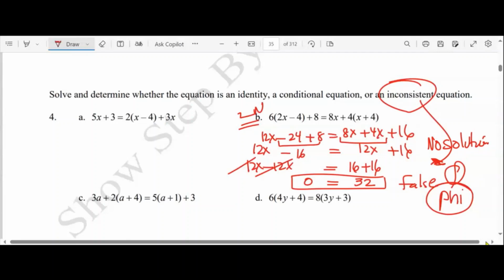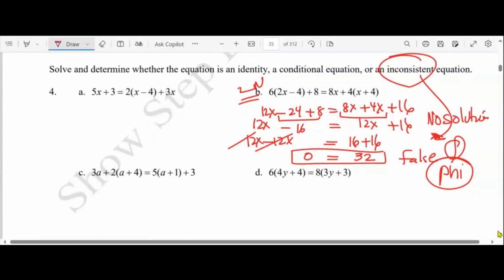Is this clear? Yes. We need one where one side equals the right side. This one. We have distribution, right? Yes.